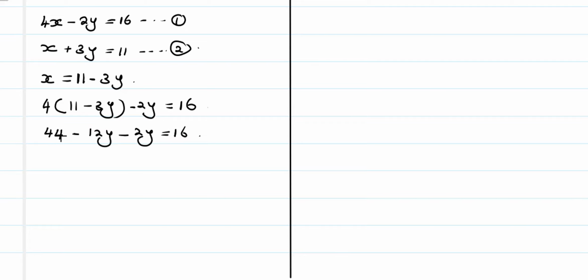Then, since this 44 doesn't have an unknown, I can move it to the other side, and here I remain with negative 12y minus 2y, which is negative 14y, equals 16. Since this 44 was positive, when I move it to the other side it becomes a subtraction.